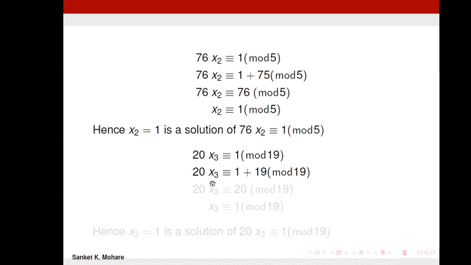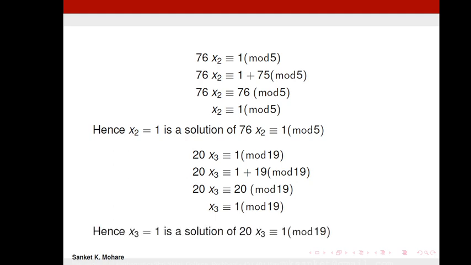So 20x3 is congruent to 1 plus 19 modulo 19, which implies 20x3 is congruent to 20 modulo 19, which implies x3 is equal to 1 modulo 19. Hence x3 equal to 1 is the solution of 20x congruent to 1 modulo 19.